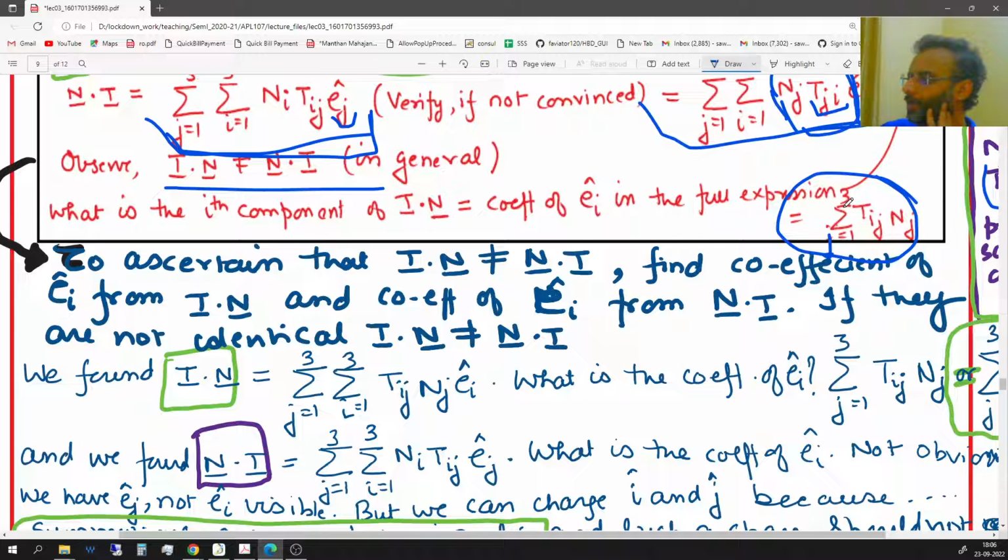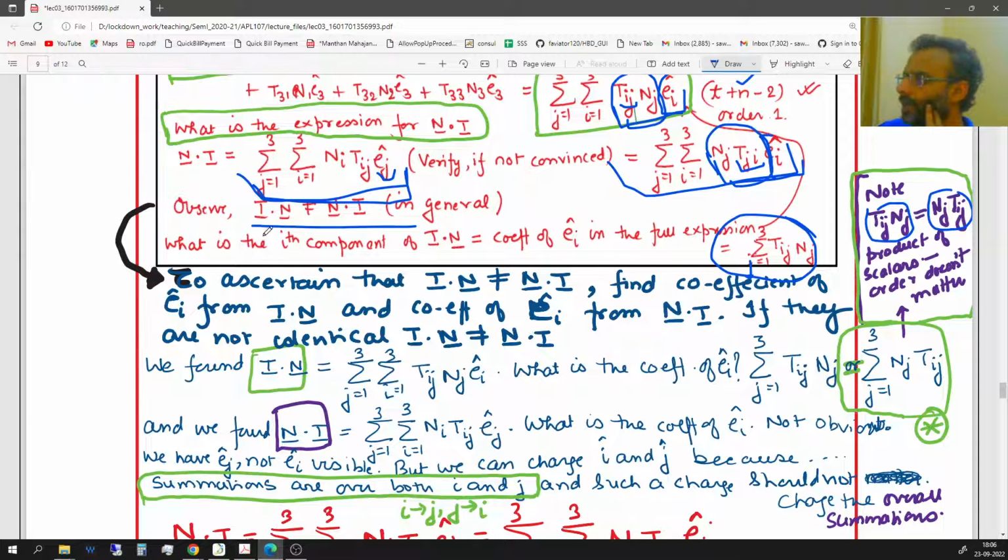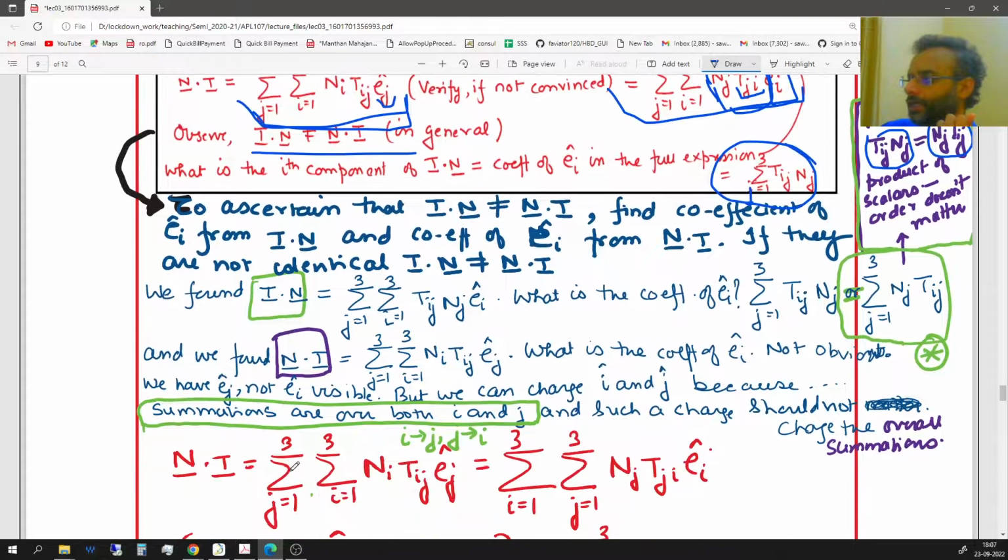How do I identify the coefficient of ei in n dot t? Now in n dot t, the way I derived the expression in the Cartesian coordinate system, actually there is no ei. We don't see any ei. We have ej here. So what is the coefficient of ei? Not obvious in the expression for n dot t. We have ej, but ei is not visible.